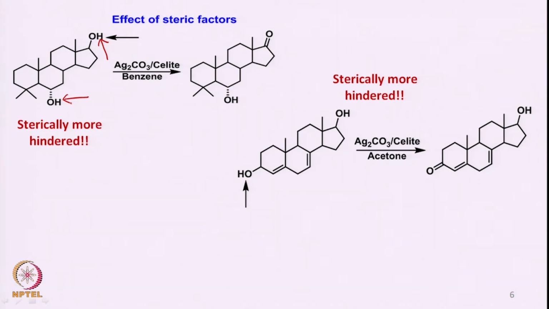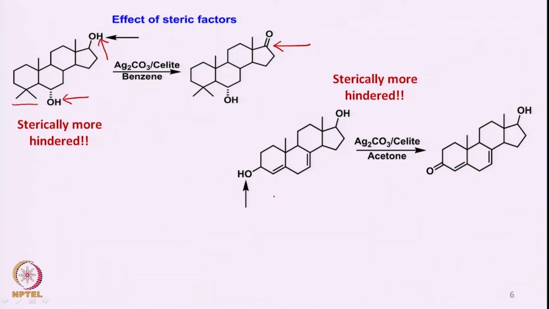However, this particular hydroxy group is close to this geminal dimethyl group and also it is in the midst of the ring, therefore it is sterically more hindered and there is a preferential oxidation of the hydroxy group which is on the top, leading to the formation of the ketone on this particular position.